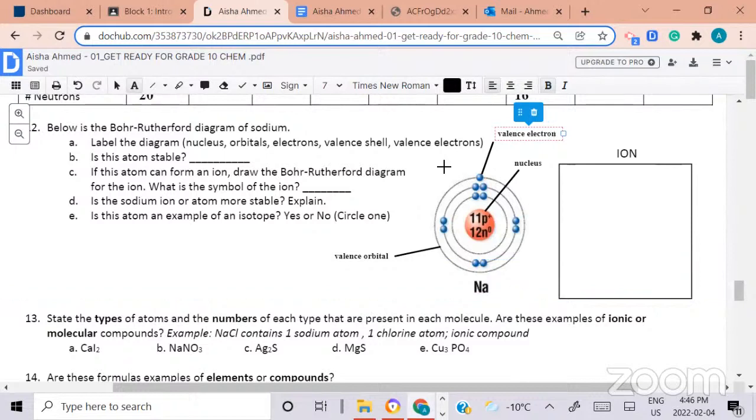It says nucleus, orbitals, electrons, valence shell, and valence electrons. So just label any electron you want, electrons.